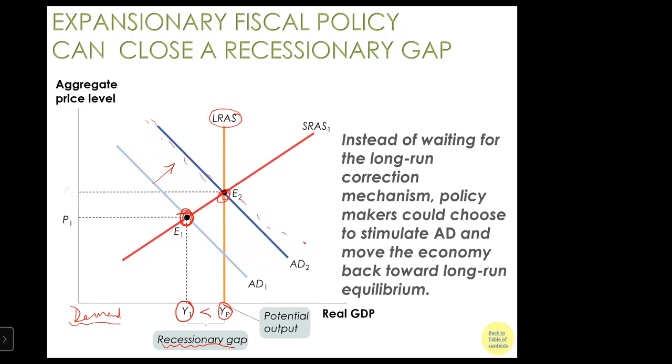From E1 to E2, the move is caused by expansionary fiscal policy instead of waiting for the economy to respond. By the way, if we leave the economy alone and let it adjust, we will go through something like here. That's where we are going to end up.